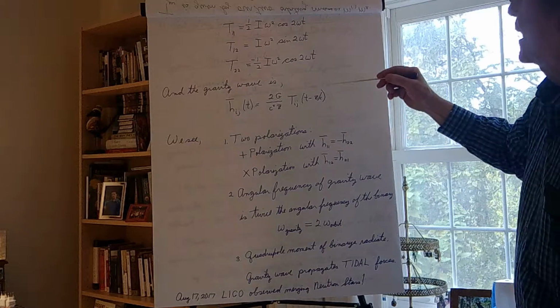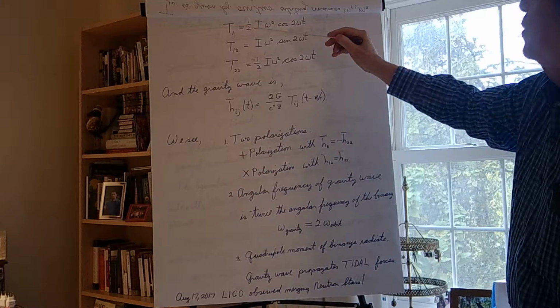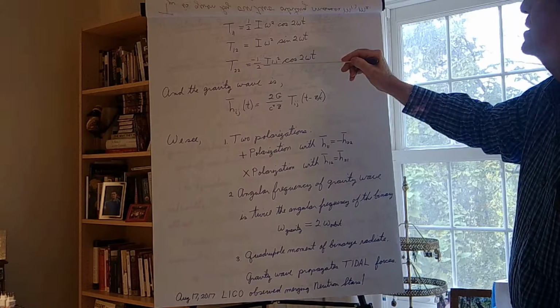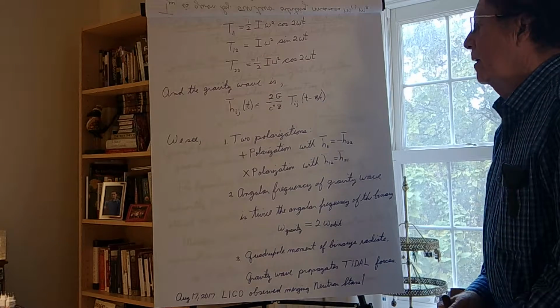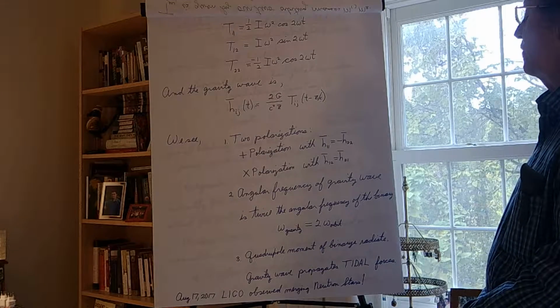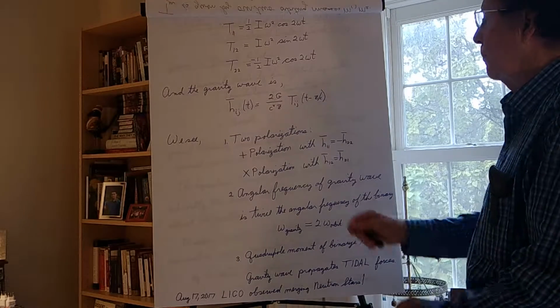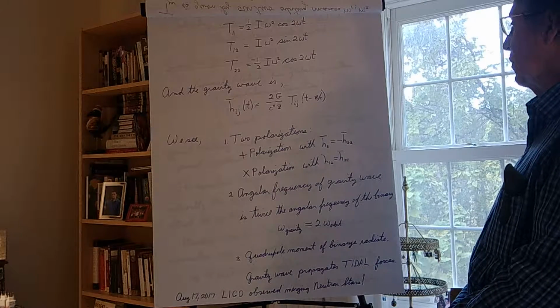I see in particular, if I'm looking at my plus polarization, that T11 indeed is minus T22. So the polarization states coming from the source match the plus polarization and the cross polarization that I expect of a gravity wave.